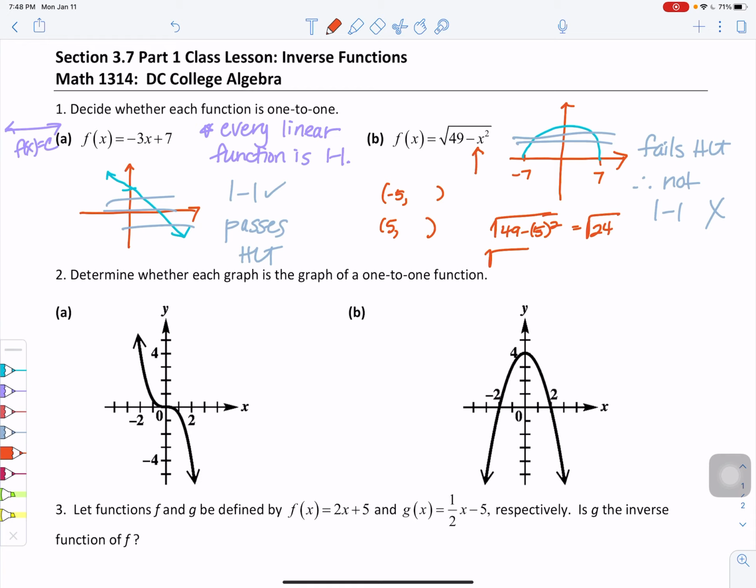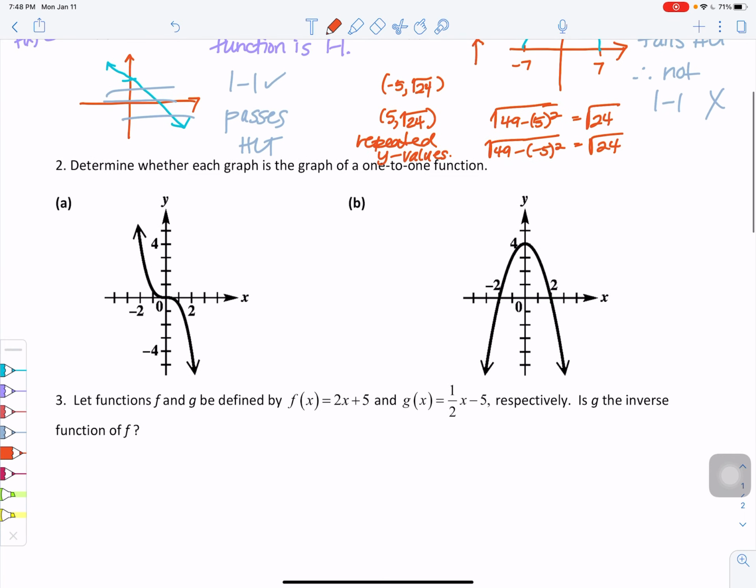But look at this. The square root of 49 minus -5 squared is also the square root of 24. So although our x coordinates are different, we have repeated y values. So not one-to-one.